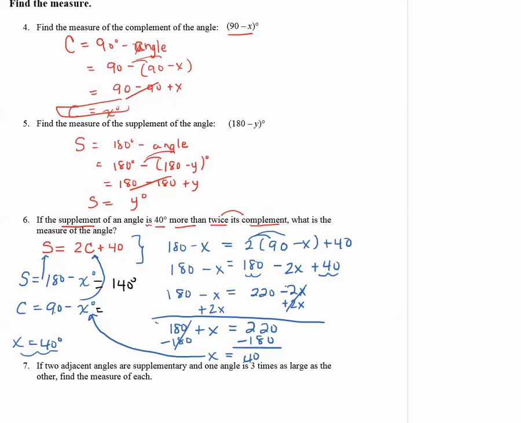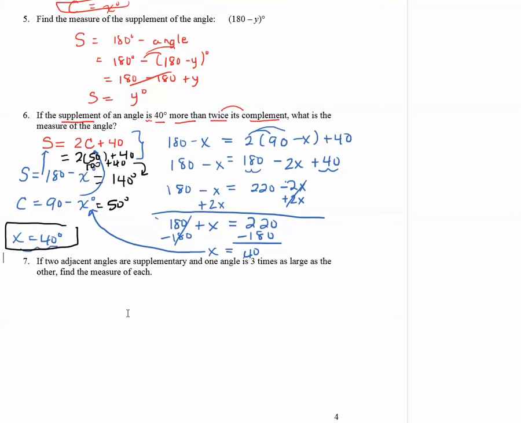And the complement is 90 minus x, so 90 minus 40 is 50 degrees. Then if you go back into the first equation, which said that the supplement is equal to 2 times the complement plus 40, we would have 2 times 50 plus 40, which equals 100 plus 40, which equals 140. That does verify our supplement. So the angle x is 40 degrees.